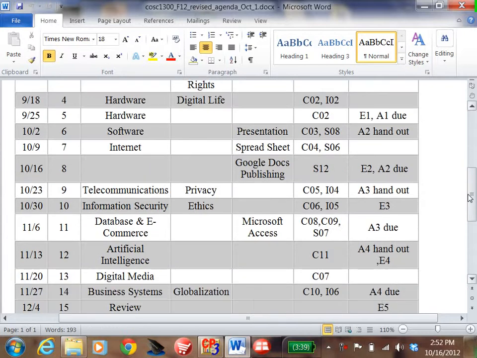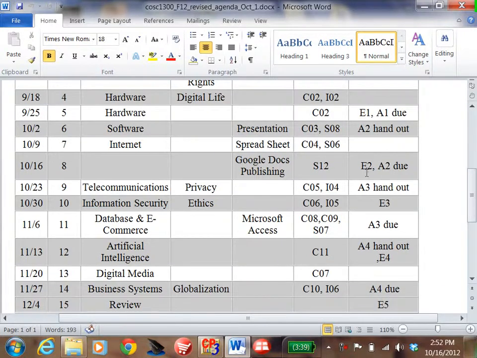So we look at the revised agenda, okay? And here we are today. What we've covered since the last test are software, presentation, and I only did a little bit of that because you know it already. I did the animation thing and internet, okay? And on the internet, it's only really what I'm going to cover today.